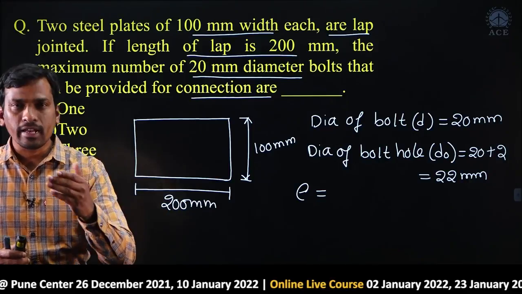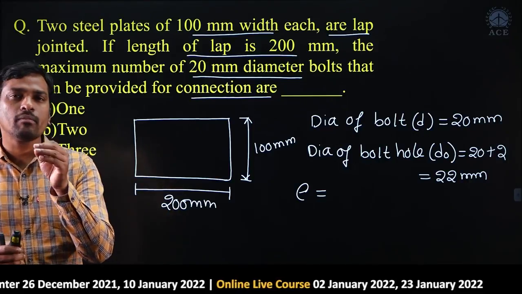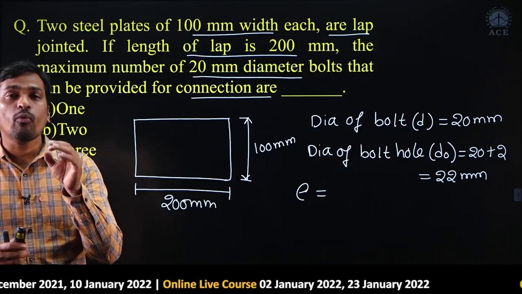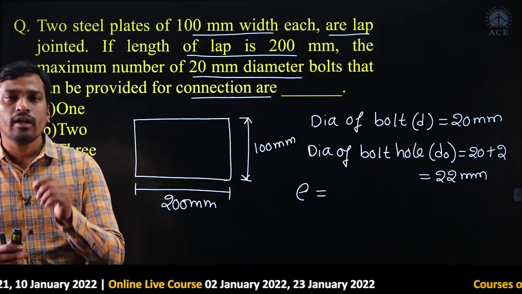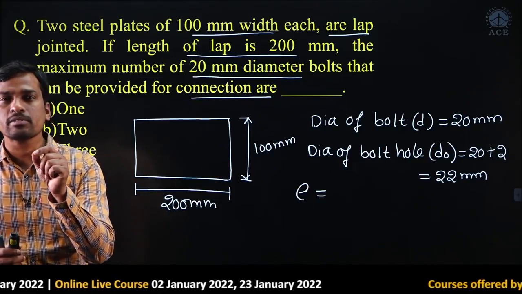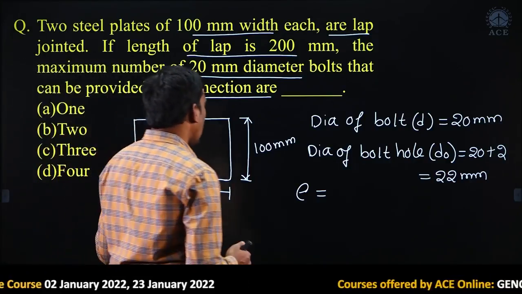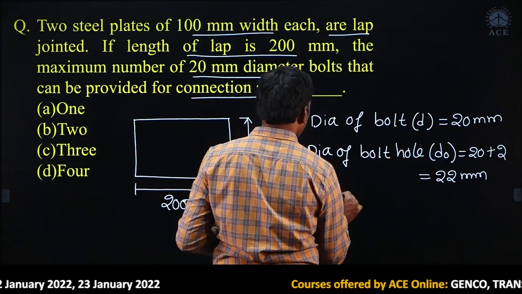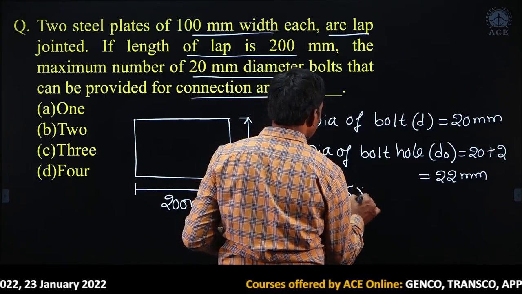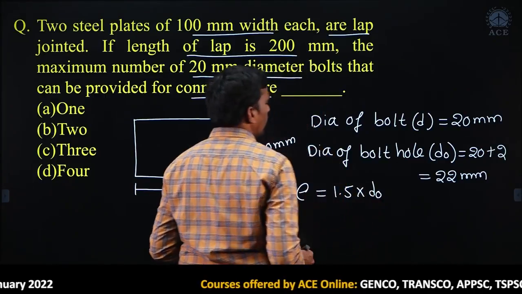If it is manual cut, it is 1.7 times the diameter of bolt hole. So, here it is not mentioned, then we will consider machine cutting, that is 1.5 times D naught.